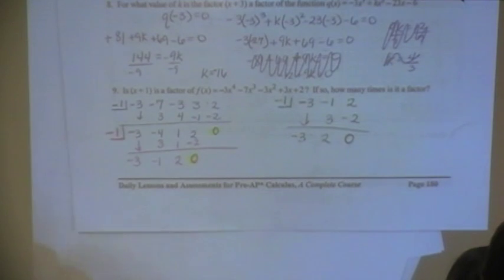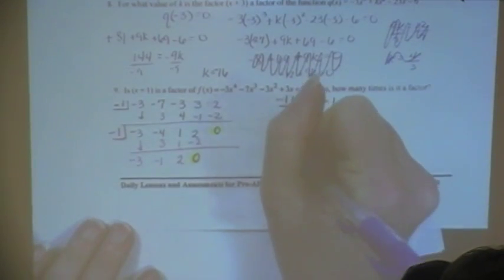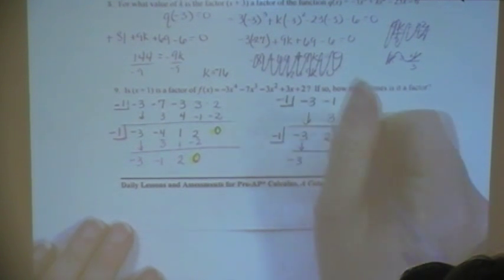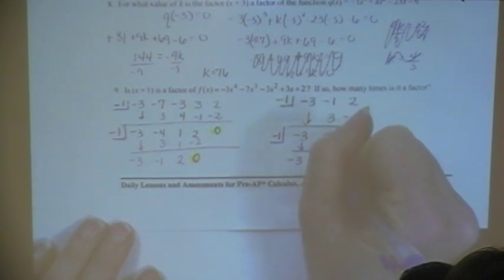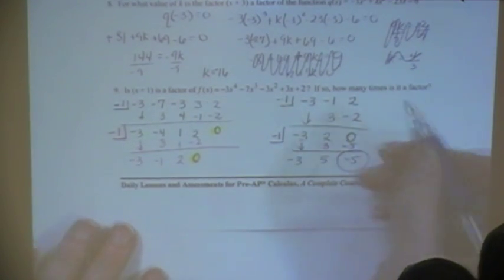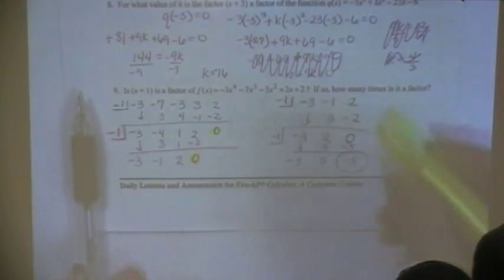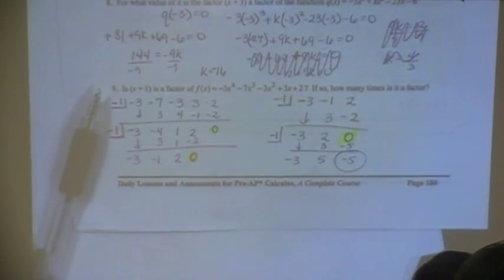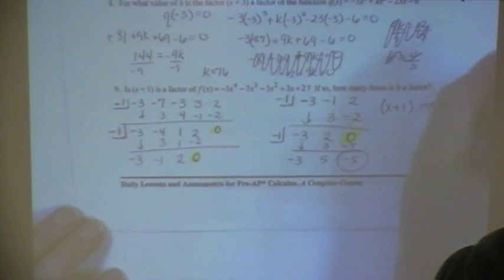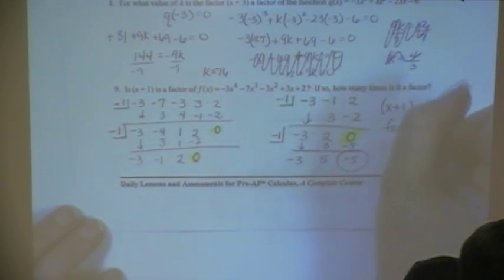We'll try it one more time. This time it's not. So 3 times I got zeros, which means x plus 1 is a factor 3 times.